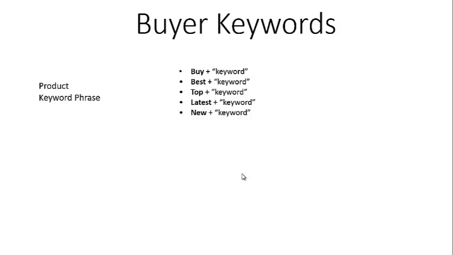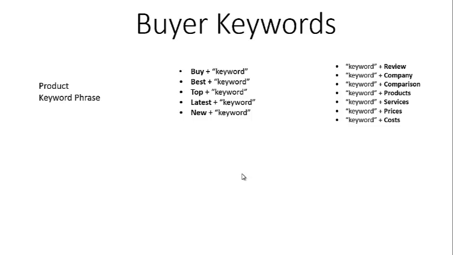We've got words such as buy, then your keyword, best, top, latest, new, and I've got a massive list of these that I'm going to give to all of you, so you can start using them straight away. For example, buy table tennis table, best table tennis table, top table tennis table, latest table tennis table, new table tennis table.